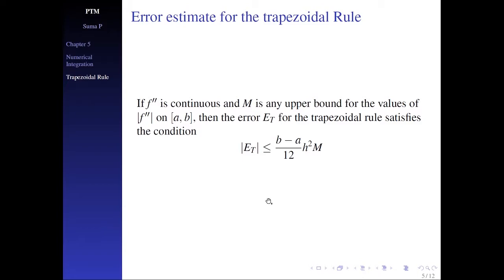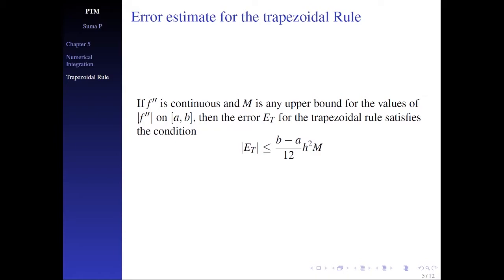Now the next topic is the error estimate. The error is the difference between the actual value and the approximate value. We calculate the approximate value using this numerical procedure, and we can also find the integral directly by integrating and putting in the upper and lower limits.